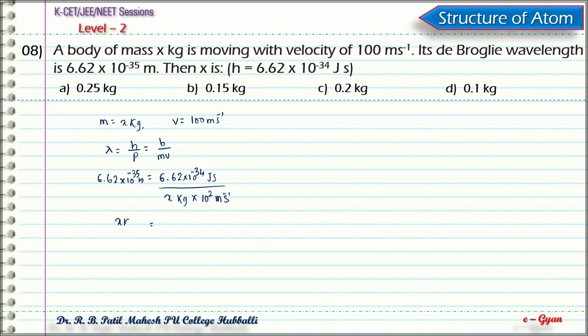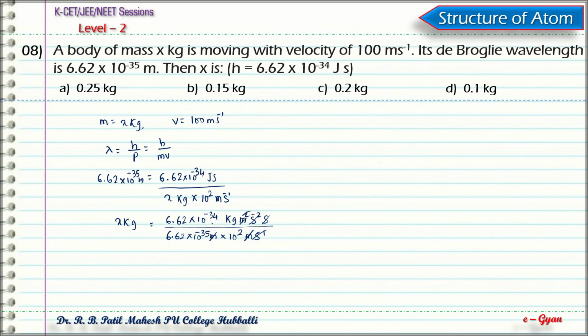So therefore x kg, which is equal to 6.62 into 10 to the power minus 34 kg meter square per second square, second as it is, kg meter square per second square is joule, divided by 6.62 into 10 to the power minus 35 meters into 10 to the power plus 2 meter per second. Meter, 1 meter get cancelled, per second square, second per second get cancelled, another meter also get cancelled.